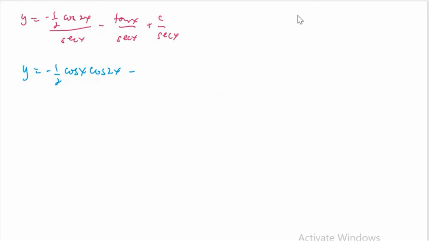So tangent x is sine x over cosine x, divided by secant x, which is 1 over cosine x. Then take the reciprocal, 1 over cosine. So the quotient is equal to sine x. So I can write here sine x plus c. Instead of writing c over secant x, I can write c times cosine x. So this is now the solution to the problem.